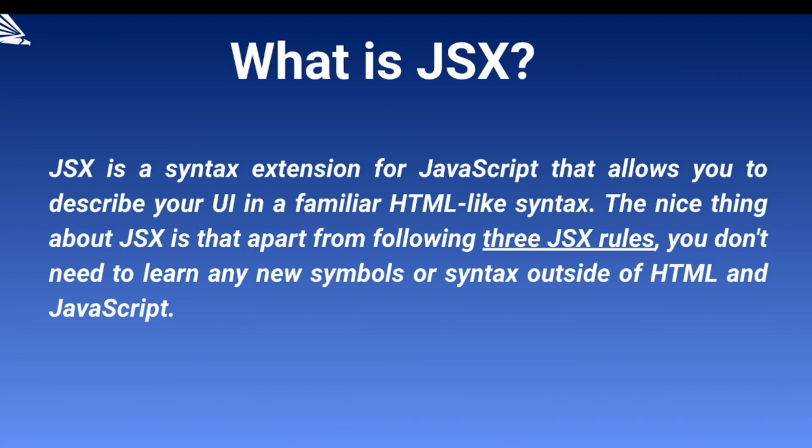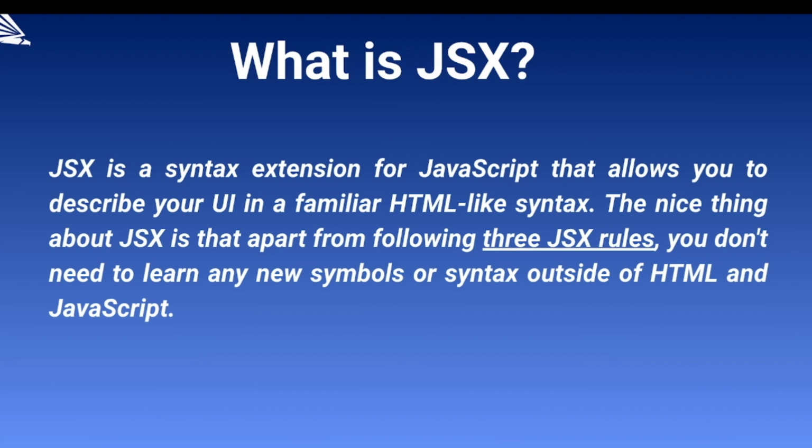What is JSX? JSX is a syntax expression for JavaScript that allows you to describe your UI in a familiar HTML-like syntax. The nice thing about JSX is that apart from following 3 JSX rules, you don't need to learn any new symbol or syntax outside HTML and JavaScript.